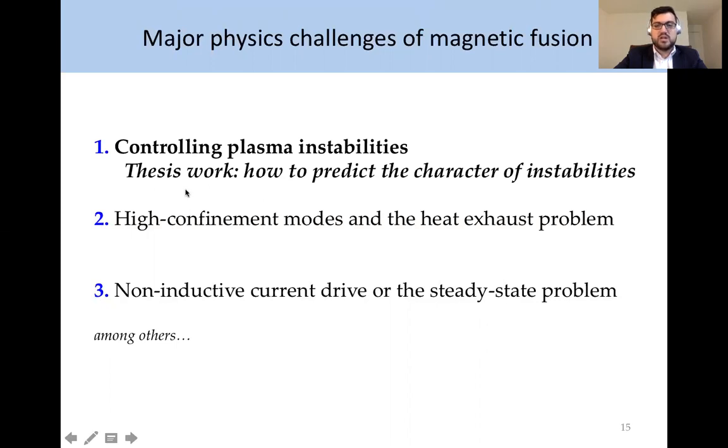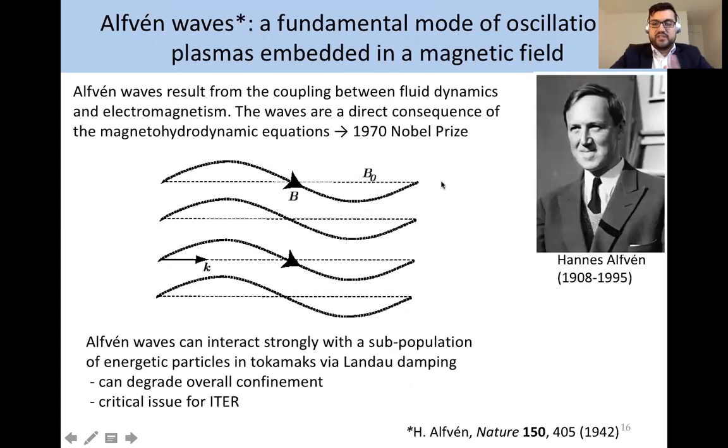is how to predict the character of those instabilities that propagate in the plasma. So most of those instabilities associated with supra-thermal particles, such as alpha particles, are Alfvén waves. Alfvén waves are the most fundamental type of oscillation in charged gases that are embedded in a region of background magnetic field.